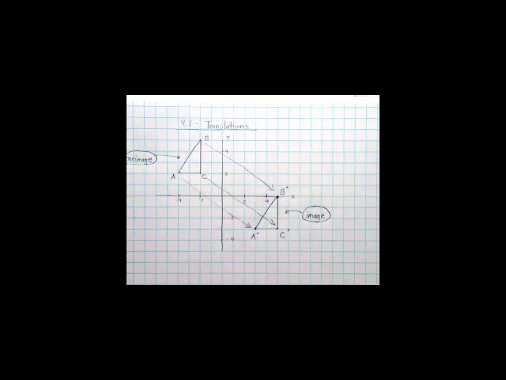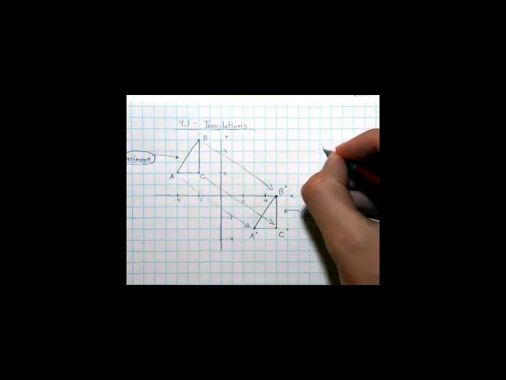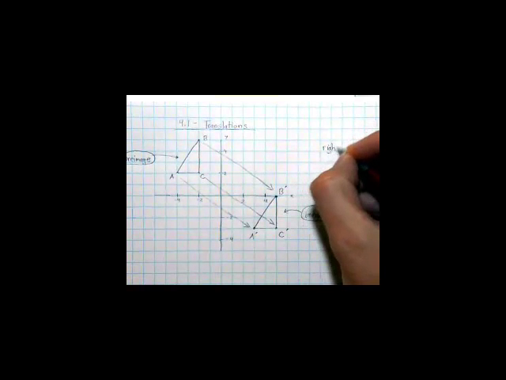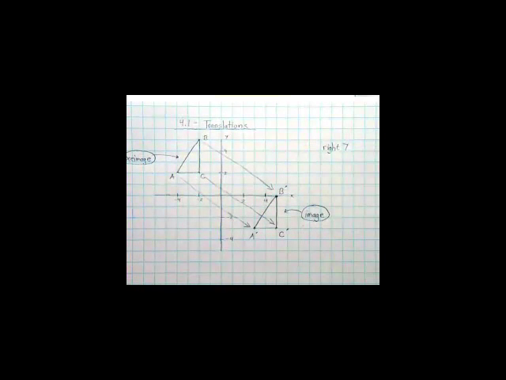So, take a look at how I graphed this thing, and let's start with the horizontal movement. So how far did this thing move just horizontally, left to right? How far did it go? 7? It looks like, yeah, 7. Okay, so it went to the right 7, and then vertically, how did it move?